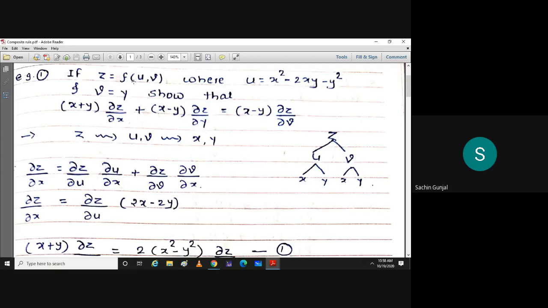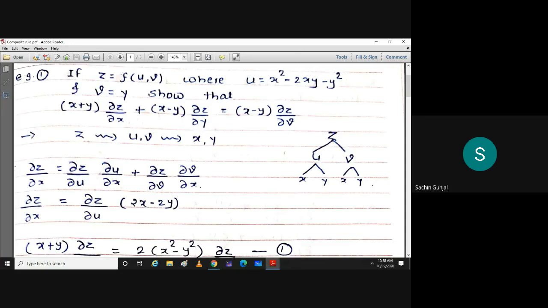If z is a function of u and v, and u and v are functions of x and y, which are given, u is equal to x square minus 2xy minus y square, and v is y, then show that (x plus y) into ∂z/∂x plus (x minus y) into ∂z/∂y is equal to (x minus y) into ∂z/∂v.